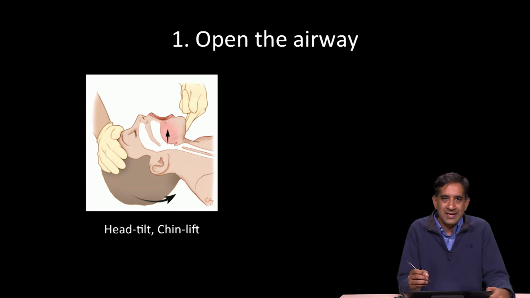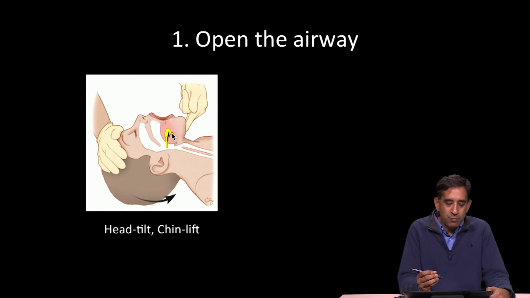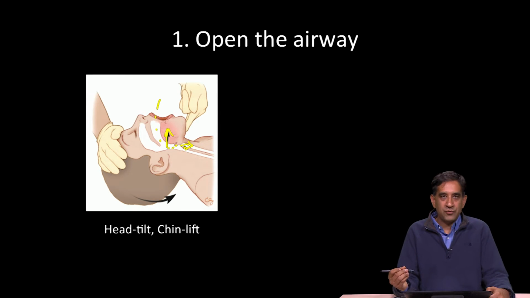What's depicted here is the head tilt chin lift maneuver, and basically by tilting the head back and lifting the chin, what we do is pull the tongue forward, and in pulling the tongue forward we relieve this airway obstruction so that air can make its way through the patient's mouth and nose and into the trachea and down to the lungs.